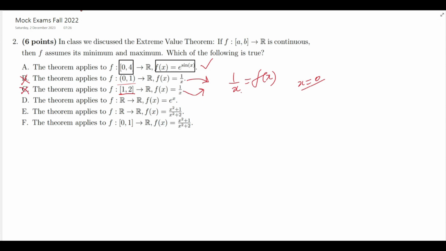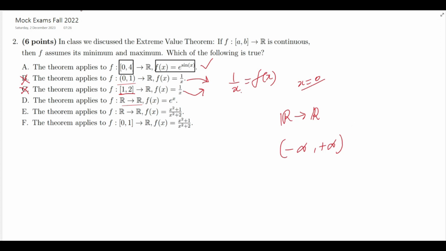And option D says that the theorem applies to f from R to R. Here, when you talk of R to R, basically we are dealing with a set from negative infinity to positive infinity, and this is not a closed interval. So these are open intervals, right?